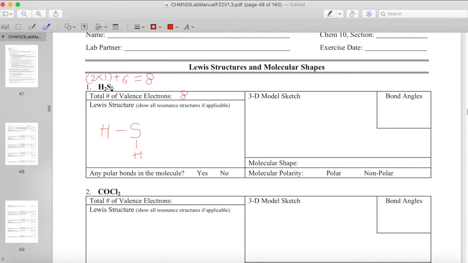Okay, so I've got all my atoms here. I've got my sulfur in the middle, and there are two hydrogens connected to it. Remember, the two things I'm trying to meet here are: I want everything to meet the octet rule, and I want to make sure I have the right number of electrons. Start off with the octet rule. I find that it's easier to get that out of the way. Students who start worrying about the number of electrons first tend to make a mistake with the octet rule later on.